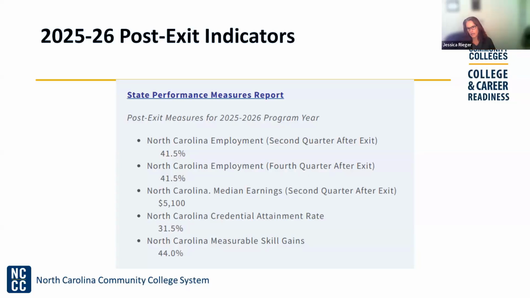They're not going to be able to have a hit on their employment or the median earnings. So our outcomes for employment and median earnings is never quite reflective. It's really not reflective at all of our students in North Carolina, just because there are so many now that we don't have an SSN to data match with.